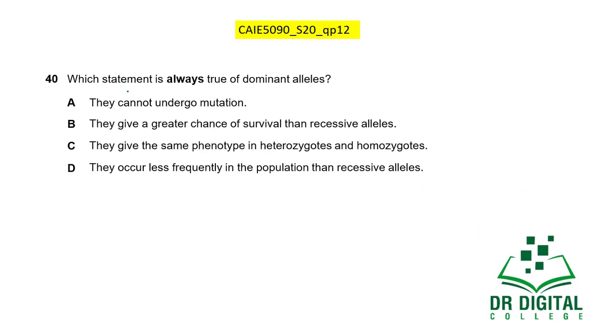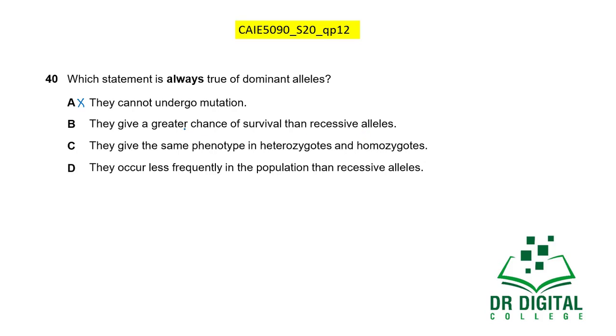In this question, which statement is always true of the dominant allele? We know that dominant alleles always express themselves. They cannot undergo mutation? No, any allele can undergo mutation, whether it is recessive or dominant. They give a greater chance of survival than recessive alleles? It's not so. Sometimes dominant alleles are disease causing, such as the Huntington's disease allele, which is dominant but causes disease.